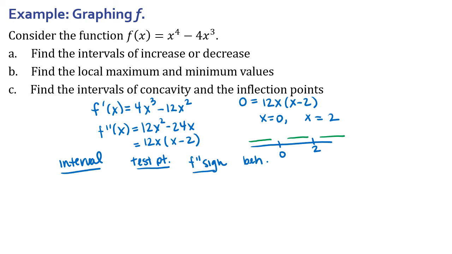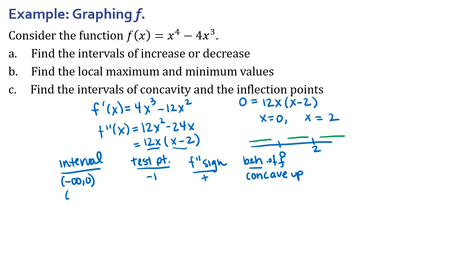Our first interval is from negative infinity to 0. A good test point is negative 1. So 12 times negative 1 is negative 12. Negative 1 minus 2 is negative 3. A negative times a negative is a positive. So that means this function is concave up.